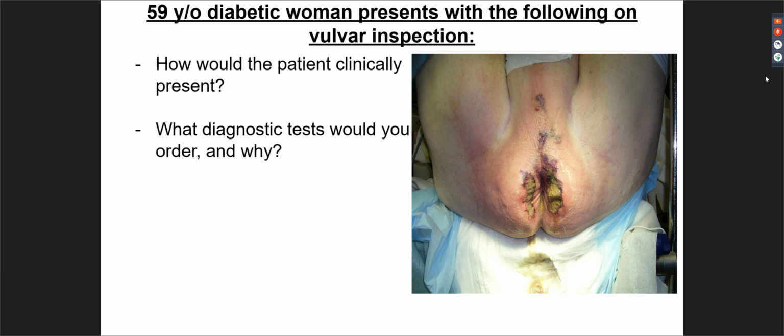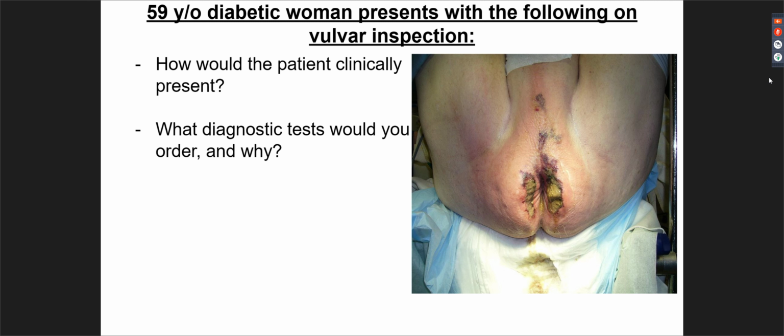And then given her risk factors for a more serious, deeper infection, I would also... What would be a more concerning, deeper infection? Specifically, I would be thinking of necrotizing fasciitis. What would you note on physical exam if you had necrotizing fasciitis?